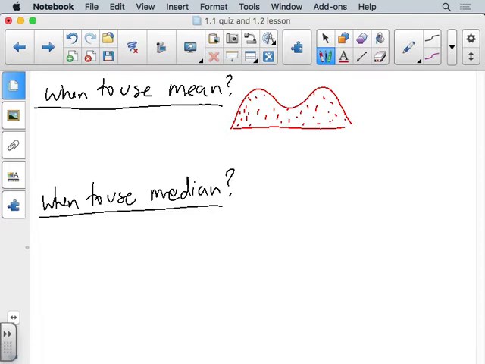Alright, if I have perfectly symmetric data, the mean should be right on that reflection point. It should be right in the middle. So there's the mean. And if I have perfectly symmetric data, the funny thing is that the median should be directly right there too. It should be the same thing. There's the median.